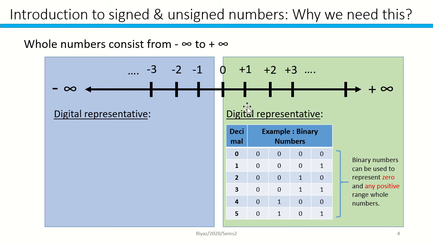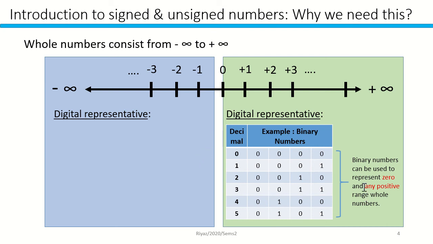In digital, the representation of positive numbers, which we call unsigned numbers, is very easy. The decimal 0, 1, 2, 3 have binary numbers, and these binary numbers can be used to represent 0 and any positive range of whole numbers.